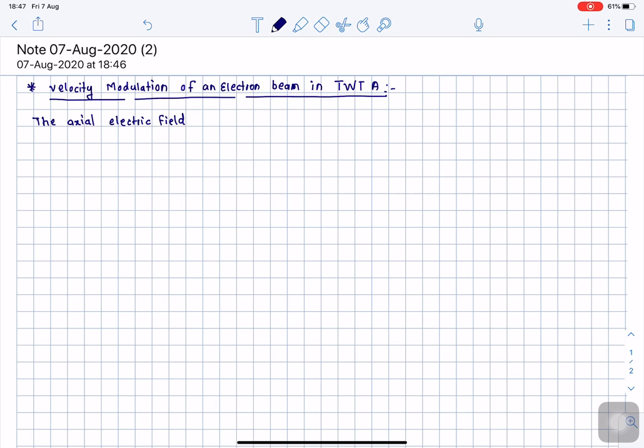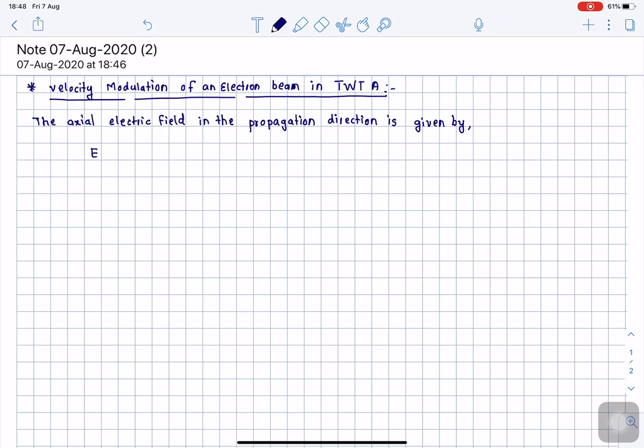The axial electric field in the propagation direction is given by, okay, so we normally consider that this propagating electric field is traveling towards the z direction. So this can be written as the component oriented along the z direction.